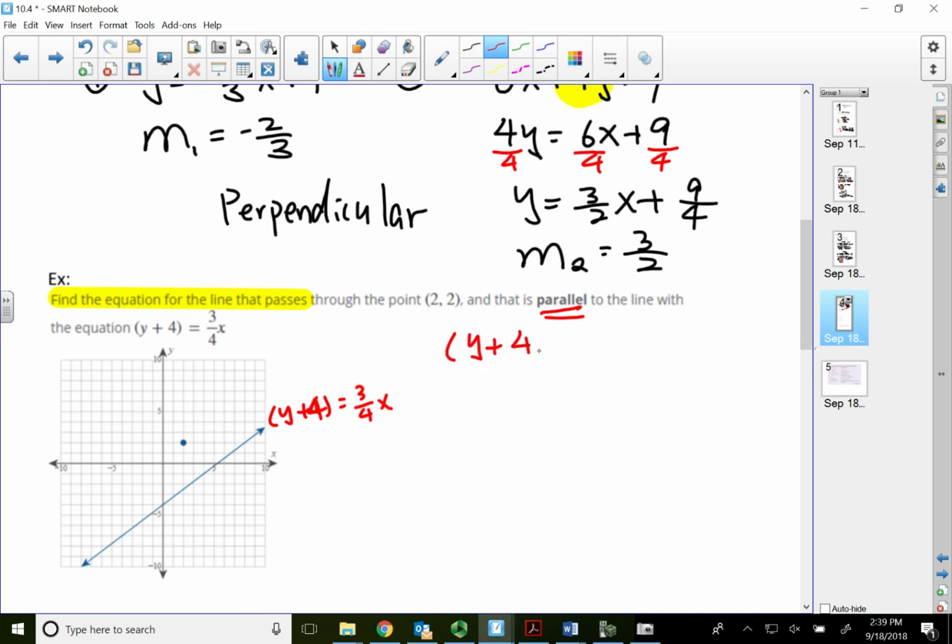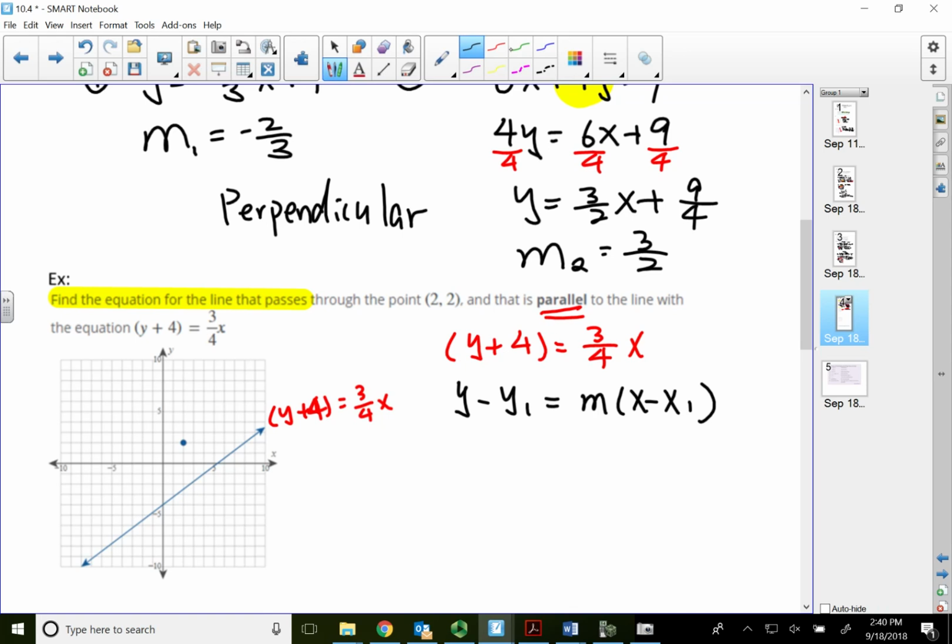So y plus 4 equals 3 over 4 x. As you may remember, the point-slope form normally says y minus y1 equals m times (x minus x1). So I can see this parenthesis here is really not necessary.